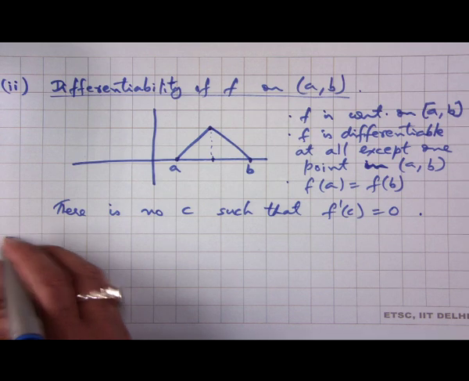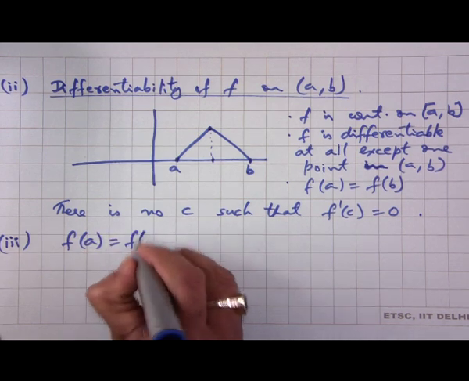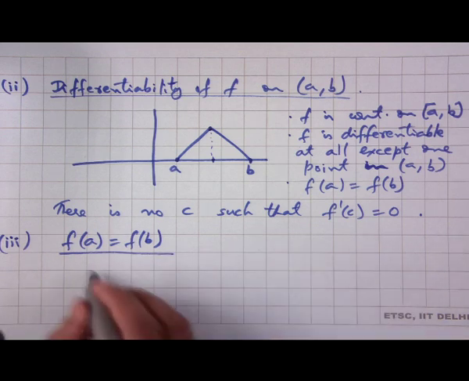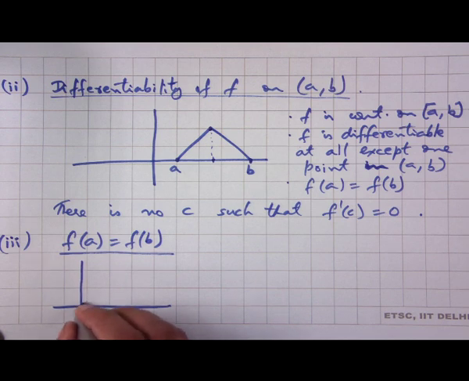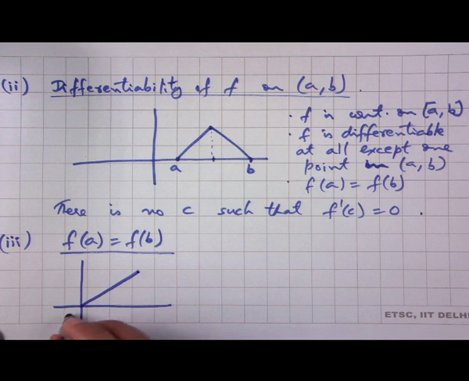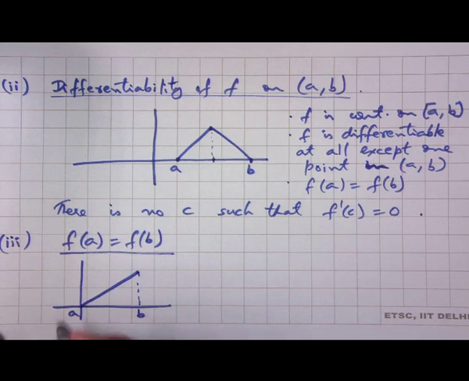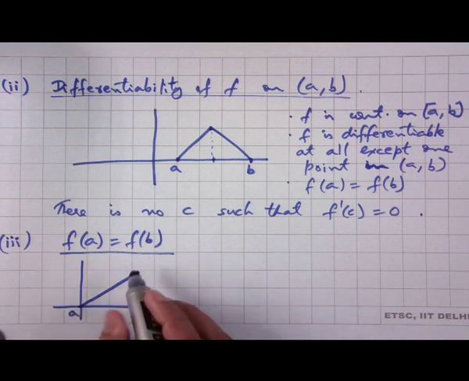And the third condition, f of A equal to f of B, of course, this also we need, because if I have just this function, you see that the function is continuous on the closed interval and differentiable in the open interval.